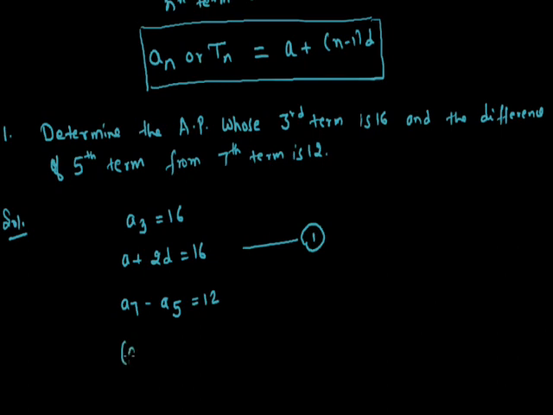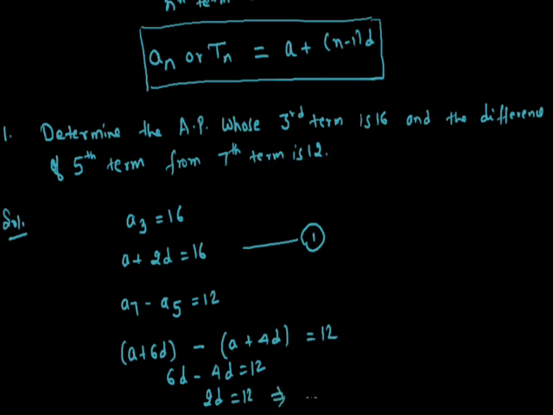Now A7 is a plus 6d minus A5, which is a plus 4d. So this is equal to 12. Now when we solve this equation, it will become 6d minus 4d equal to 12 because a will be cancelled. So it will become 2d equal to 12. So it implies d equal to 6.